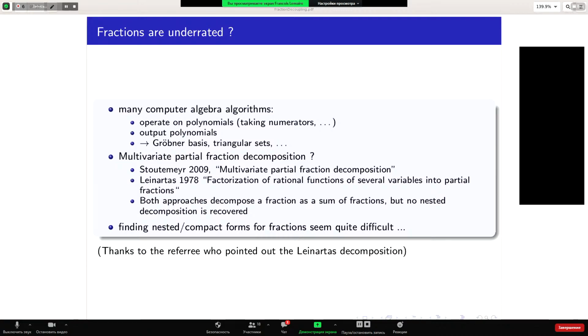And also you have another way to decompose a fraction as a sum of fractions using a method by Lemaire. In both approaches, in fact, you decompose a fraction as a sum of fractions. But those methods will not deal with the problem of nested fractions. So what I will present you is really different from the decompositions of Stoutemyer and Lemaire.